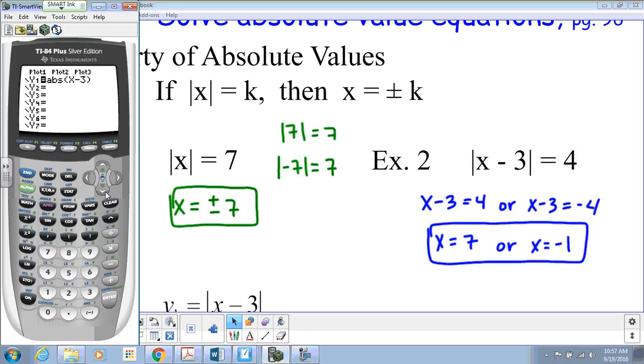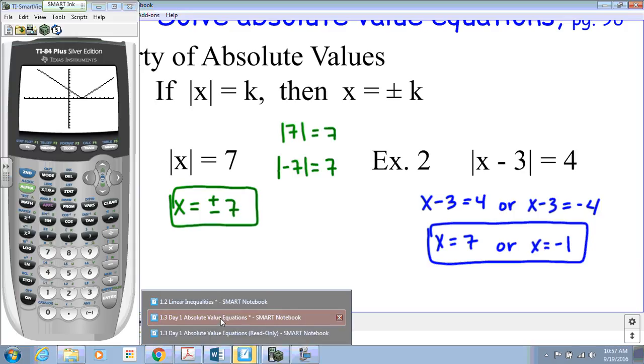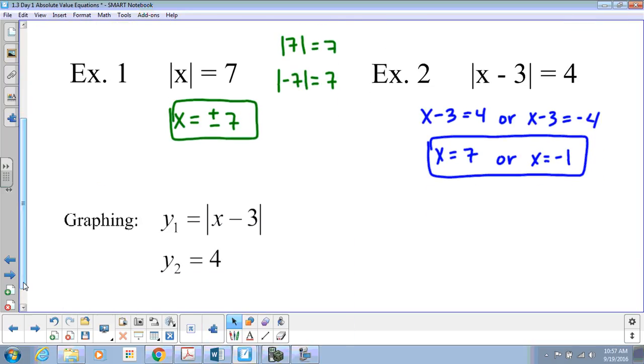So for a standard window, you can hit zoom and then 6. That's a standard 10 by 10 graph. Okay, so this is what the shape of absolute value looks like. It's a V. So I want to know, okay, where does this absolute value of x minus 3 equal 4?